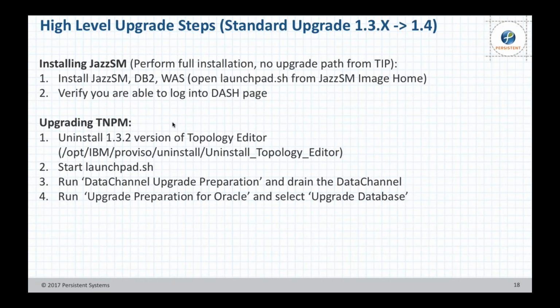So this removes the 4 GB memory limitation that the components of data channel will have. So in 1.4.3, which is today the latest version, it is still 32-bit, but the next release, I believe that will be in the first half of 2018, will have support for 64-bit.